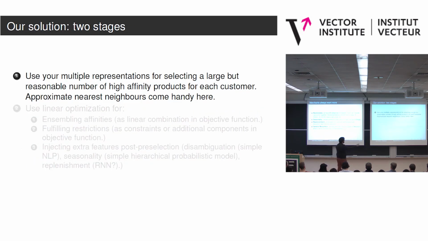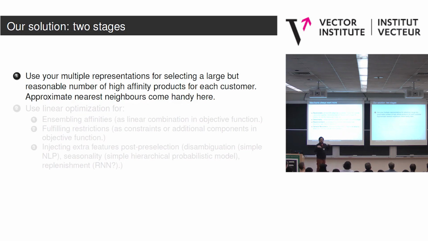So our solution right now tries to address these types of problems. And so what we do is a two-stage solution. We have 3 or 4, I think 3 right now, representations of products and customers. One of them is a simple matrix factorization.